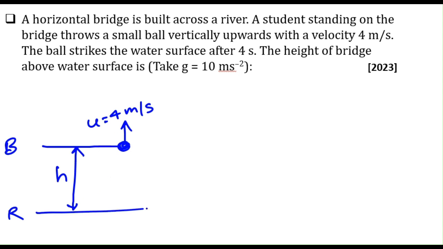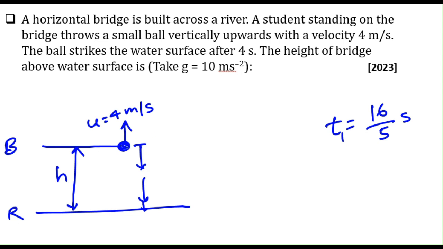So this is the water level. Let's say T1 equals 16 by 5 second. This is the time duration taken by the ball to reach the water level from the bridge.